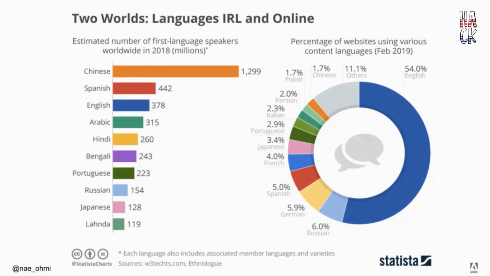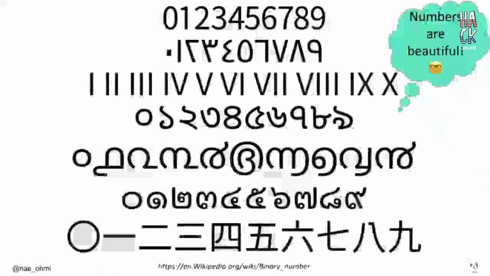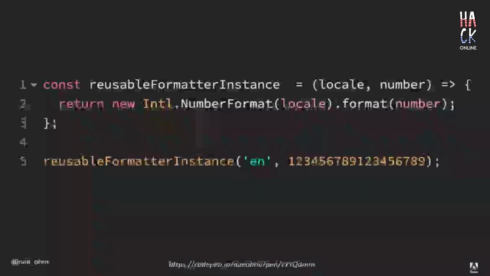So let's talk about how we can do that. Let's get into numbers around the world. So here's just a quick visualization of the representation of various numbers. And I see them and I really think, numbers are beautiful. And instead of hard coding a number directly in an app, what we can do is use the JavaScript native Intl API.